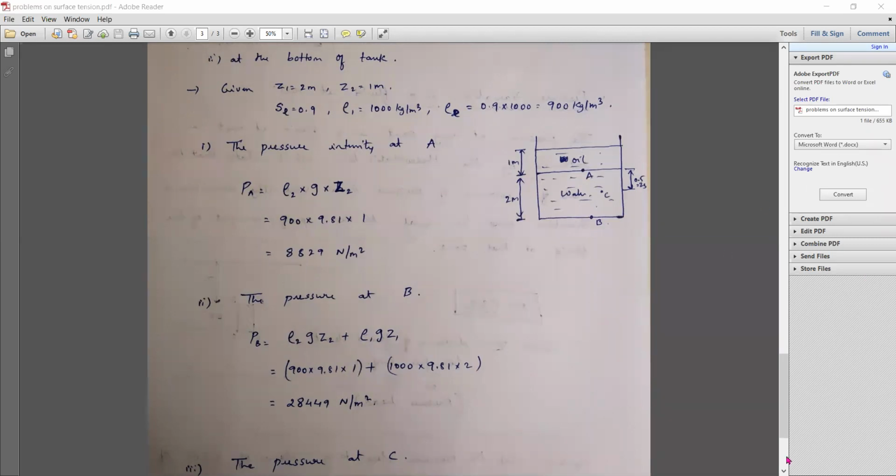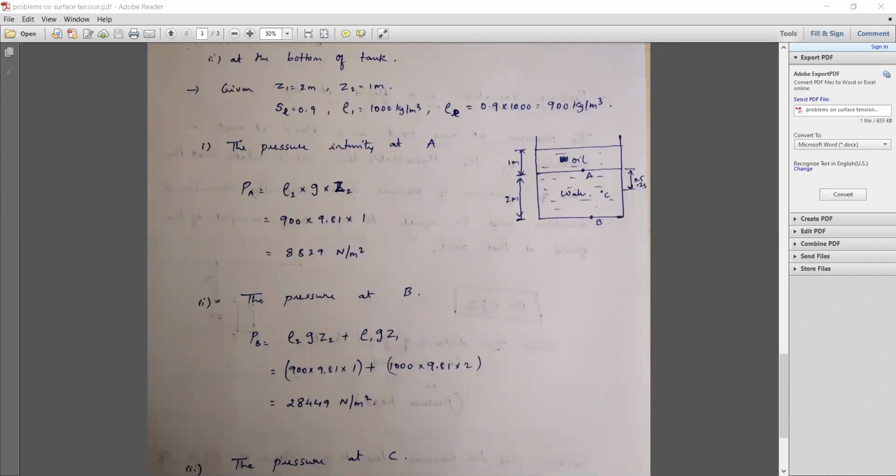So PB equal to rho 2 g Z2 plus rho 1 g Z1. Nothing but the full water height is falling on B as well as the oil's specific weight.